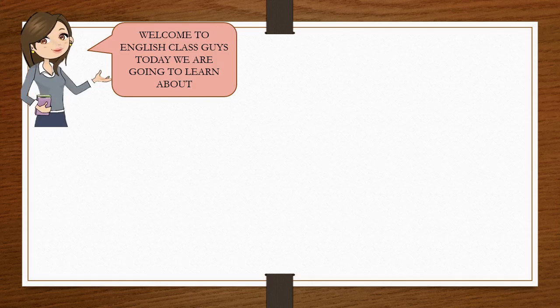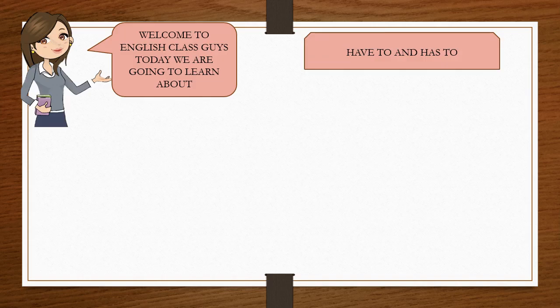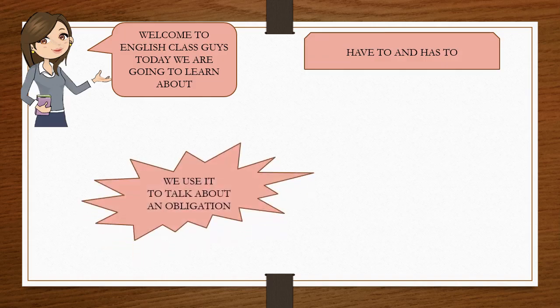Today we are going to learn about have to and has to. We use it to talk about an obligation. It means that it's something that is necessary to do or it is mandatory to do.